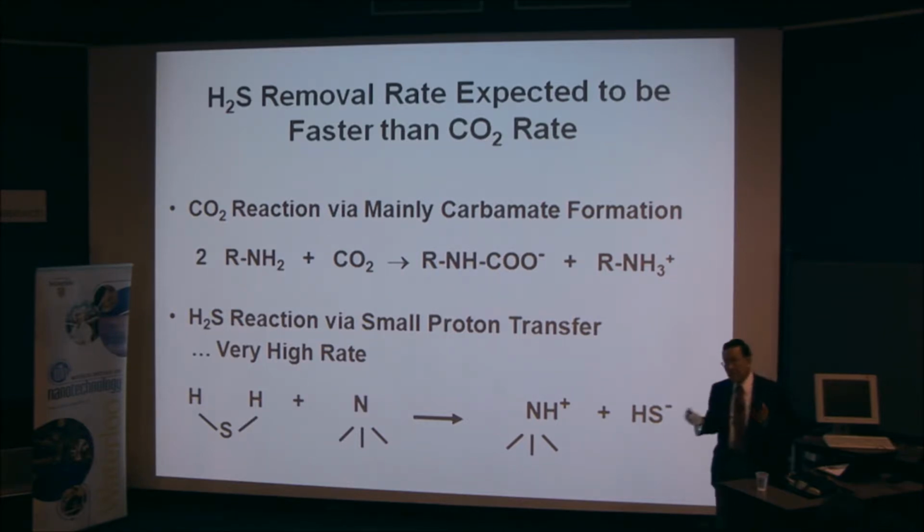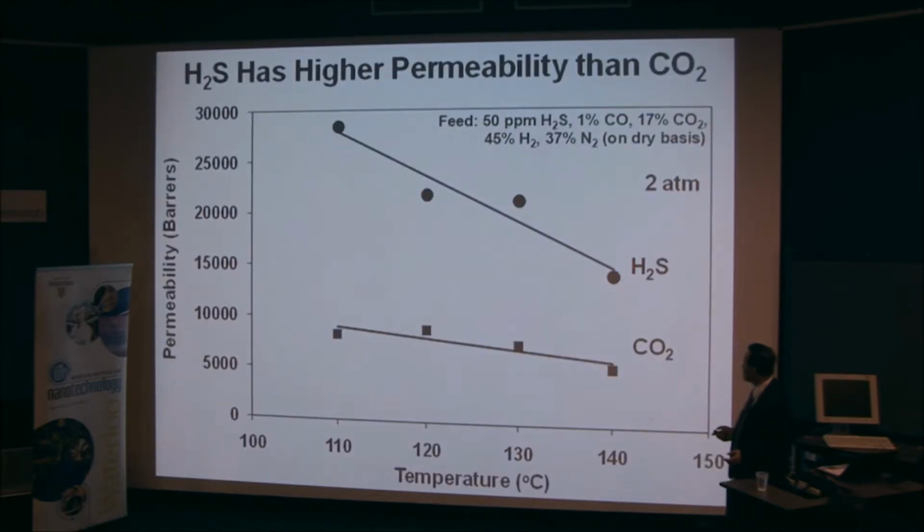So in fact, the hydrogen sulfide can go through the membrane even faster. I show you a result over here: hydrogen sulfide can go through the membrane about 3 times faster than CO2.